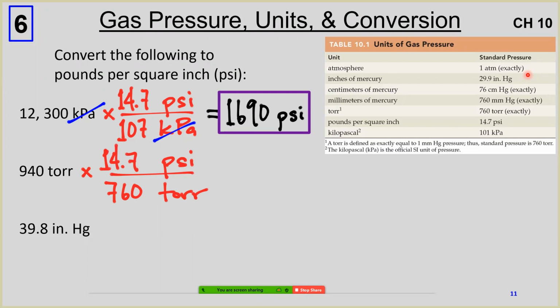So torr will cancel out, and we're left with the unit that we want. So 14.7 times 940 divided by 760, and we get roughly 18 psi.